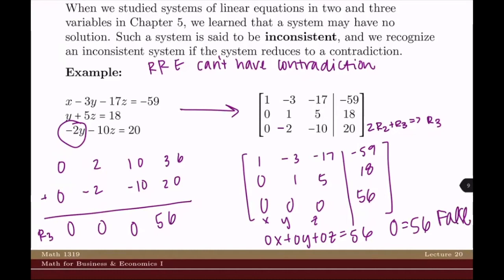So that is why this system would be an inconsistent system, because we're getting 0 equals 56. So whenever you're doing reduced echelon form and you're getting all zeros here, but you're still getting a number here, it is an inconsistent system. All right, let's keep going.